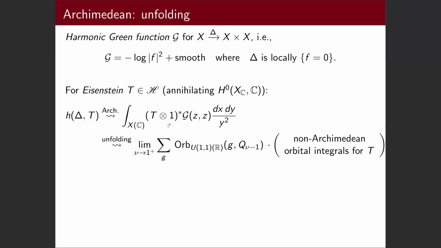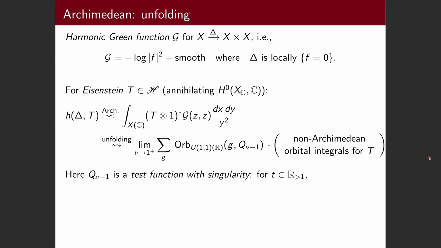As a consequence of their work, you can show that this can be unfolded and expressed in terms of orbital integrals. There's some regularization here by a parameter nu, so I won't say much more about that. But the point is that this unfolds into something which looks like it fits into a trace formula. It unfolds into some orbital integrals, so there'll be some Archimedean orbital integrals and also some non-Archimedean orbital integrals.